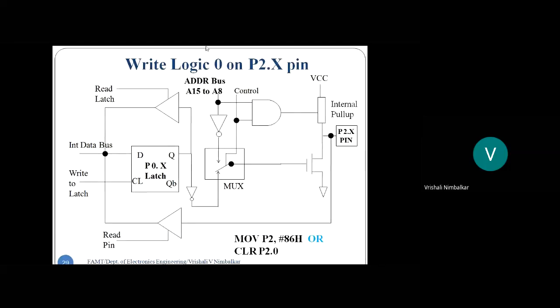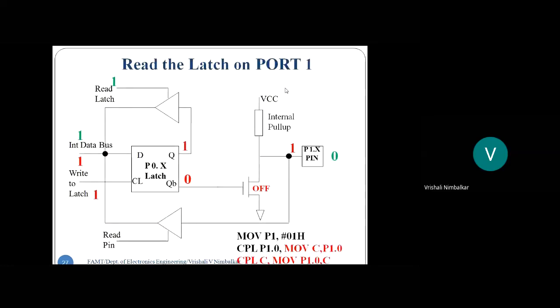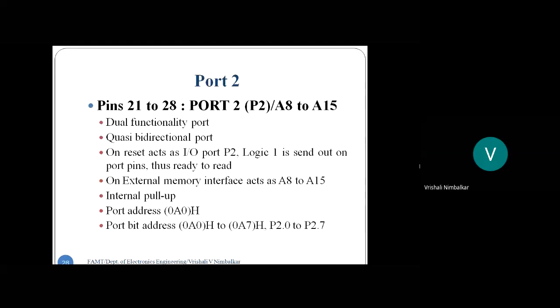Dual function means, see, the diagram is exactly similar to port 0, students. Yes or no? Right? Whereas in port 1, the slide I am showing now is of port 1. It was a single functionality port, so the control circuitry was absent. See, the middle circuitry was absent. Now, in case of port 2, we have that control circuitry.